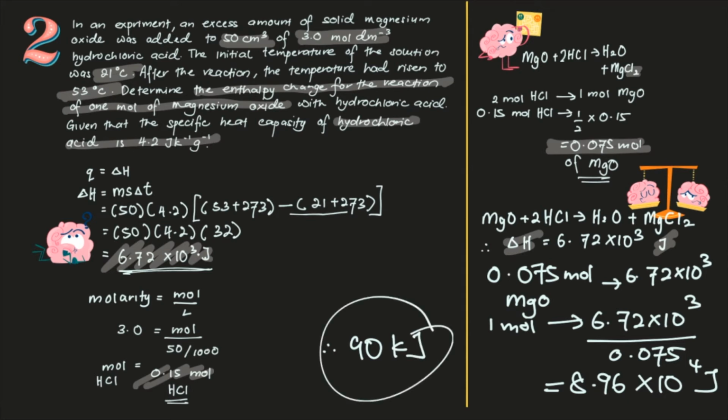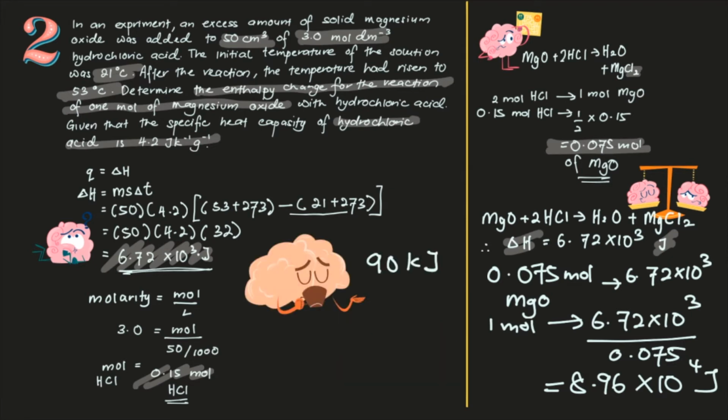Alright. We are not going to end here because we need to check whether this is an exothermic or endothermic process. From the question you can see that the initial temperature is 21 degrees Celsius and the final temperature is 53 degrees Celsius. It means that the temperature is increasing. So when the temperature is increasing, it means that it is an endothermic process.